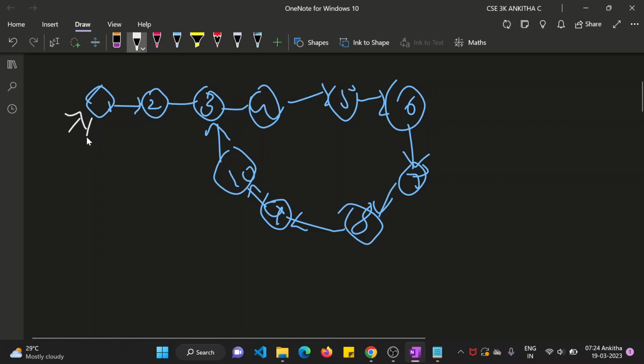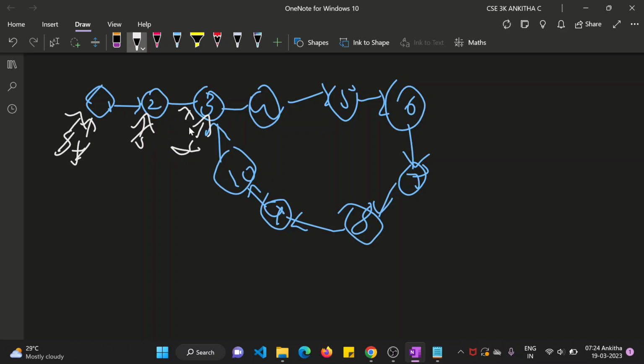Slower and faster will start. So slow equal to slow dot next, it will come here. Fast equal to fast dot next. Fine. Then again you perform slow equal to slow dot next, fast equal to fast dot next. So yes, it will go here.